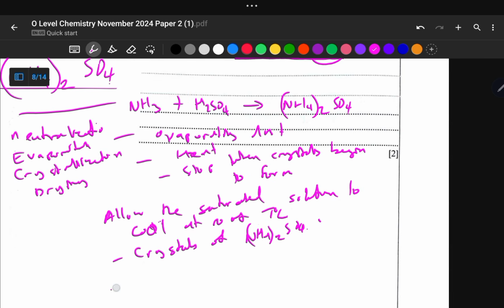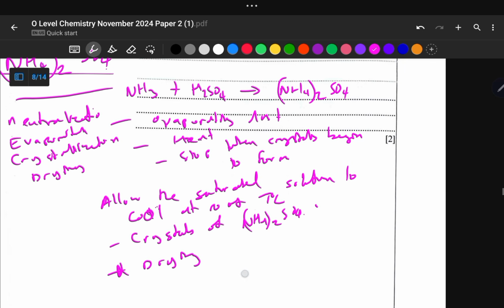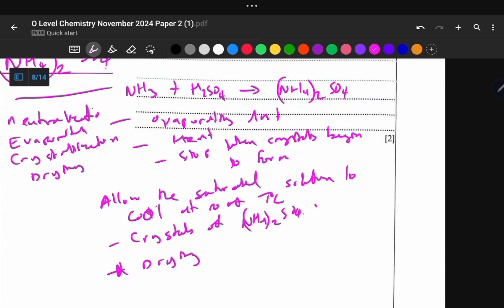And then the last and final stage, the drying phase. So we're going to dry by pressing the crystals using filter paper or warm in a dry place, right?